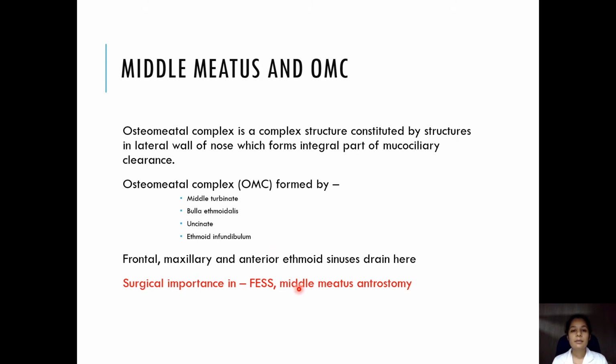Frontal sinus, maxillary sinus and anterior ethmoid sinus drain here. Its surgical importance is in performing surgeries like functional endoscopic sinus surgery, whose main aim is to achieve the clearance of this osteomeatal complex and create a normal functional drainage pathway. Also, it is important in performing limited middle meatus antrostomy.